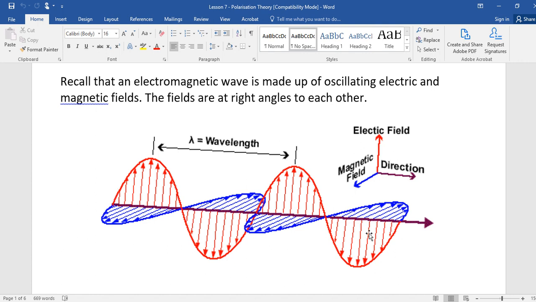And remember, they're 90 degrees to each other. So red, electric field, up and down, and the magnetic field, the blue, is in and out of the page. We've tried to draw that before. But that is the electromagnetic wave. And that is how, remember, they're self-propagating, because a change in electric field induces a change in the magnetic field, which induces a change in the electric field, and so on and so forth.